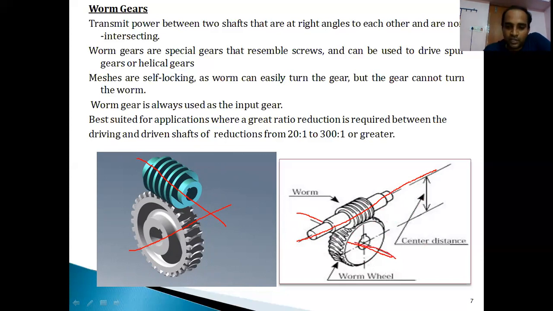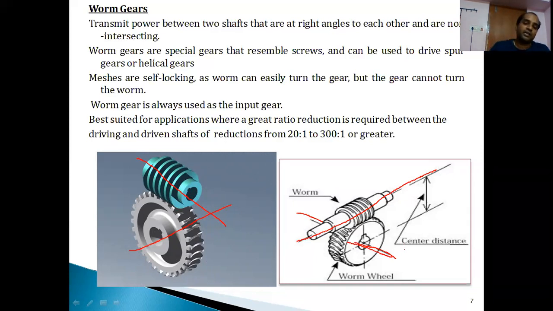If you observe both the axes, yes, they are perpendicular to one another, but they are not intersecting with one another, which means the important feature of this gear mechanism is that it is used for right angles but for non-intersecting shafts.